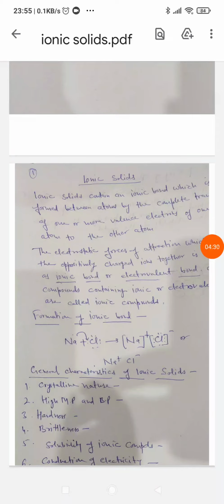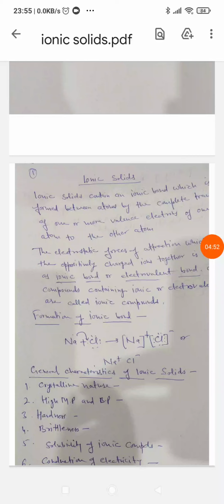Number 2, high melting and boiling points. In general, ionic compounds have high melting and boiling points and high heat of fusion and vaporization. This is due to strong electrostatic forces of attraction between the oppositely charged ions. Number 3, hardness.